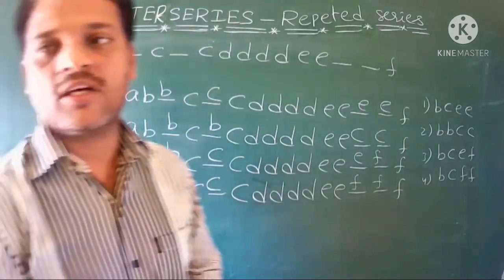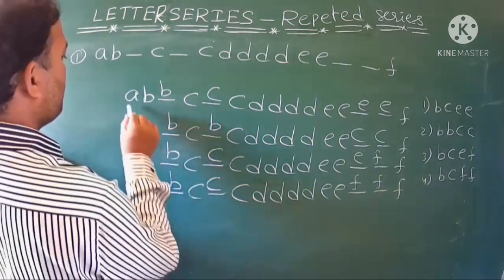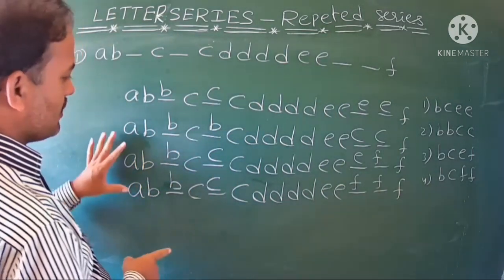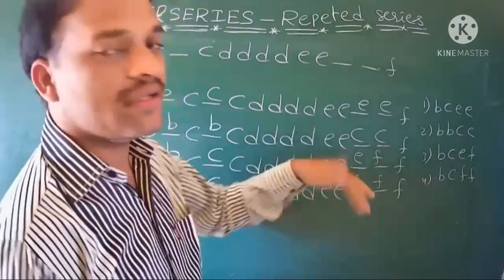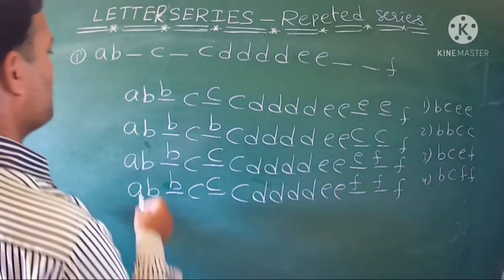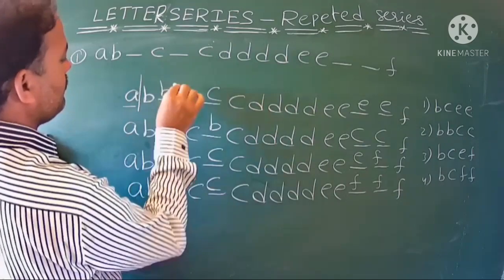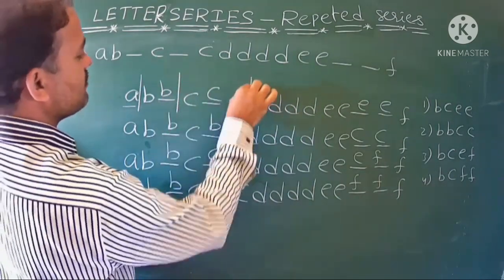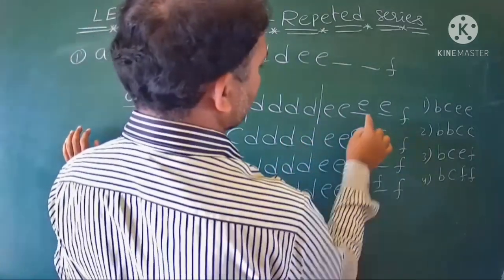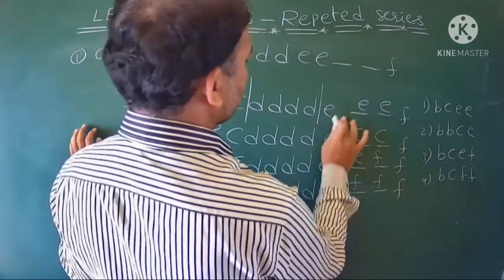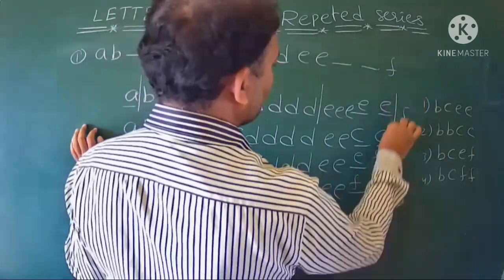Now observe which is the repeated sequence. If you observe the letters from small letter to big letter, some repeated letters will happen. For example, observing the first option, A will be there. After that BB, next C, D, similarly 3 E's, next F will be there.